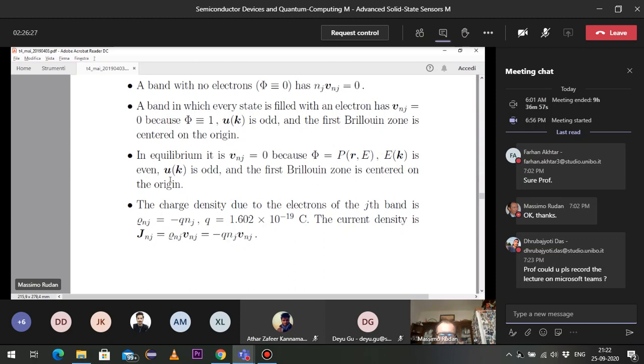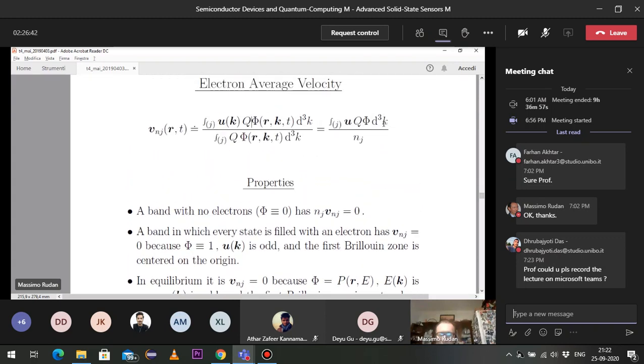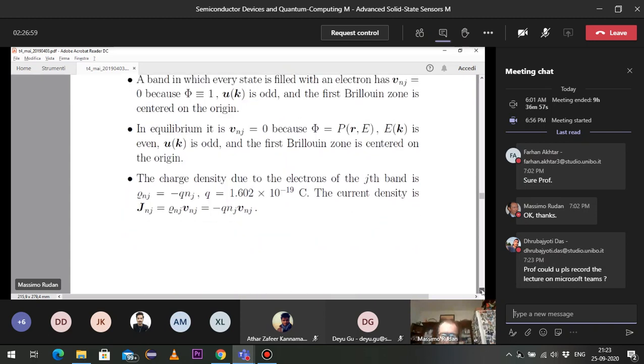Energy is even, but U is odd. So the product U times phi is odd, and again the integral over the Brillouin zone gives you a 0. So at equilibrium, even a band that is partially filled cannot provide any contribution to the current as expected, because at equilibrium we do not have any current.